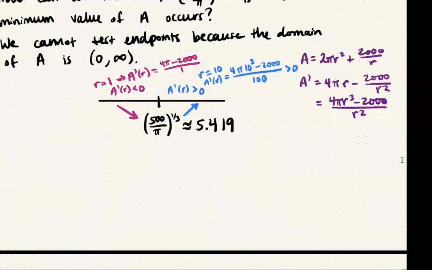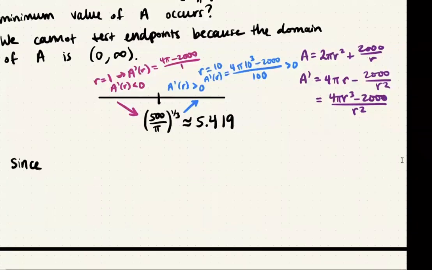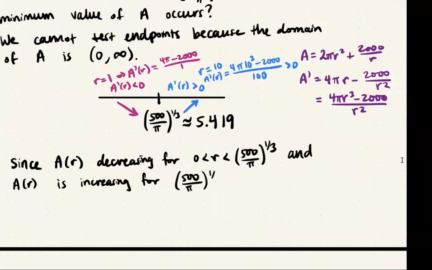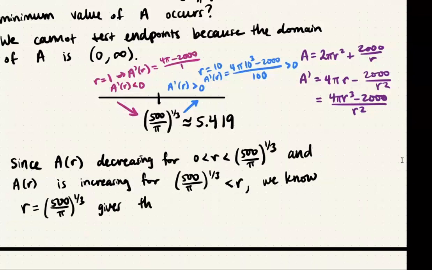So I know, since A of r is decreasing for all values of r between 0 and 500 over pi to the 1/3, and A of r is increasing for all values of r that are bigger than our critical number, we know that 500 over pi to the 1/3 gives the minimum surface area.